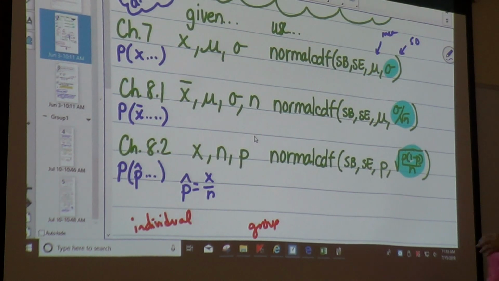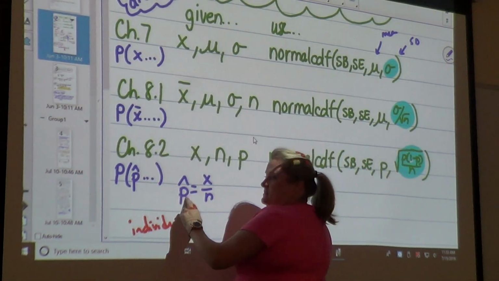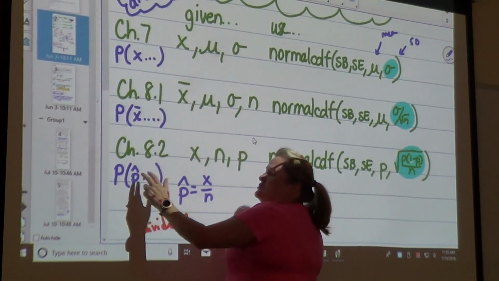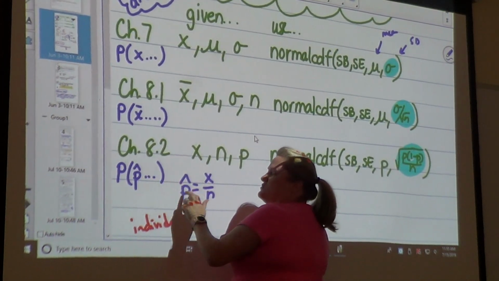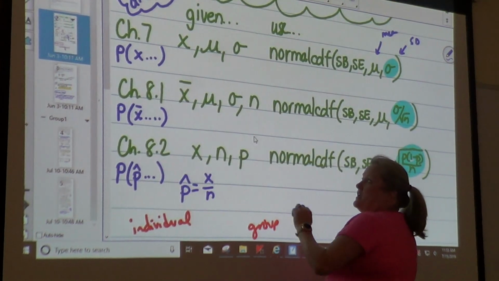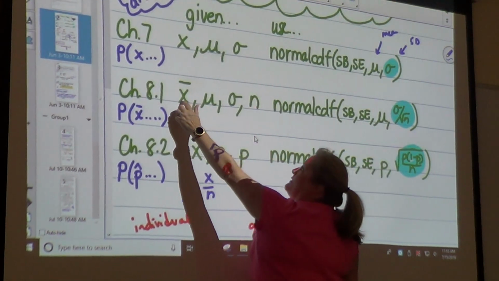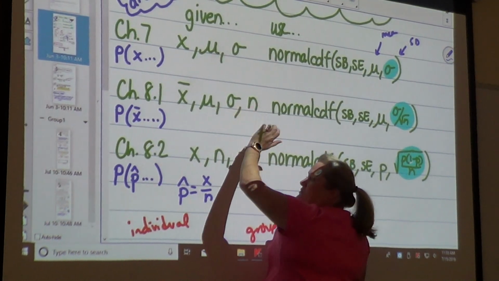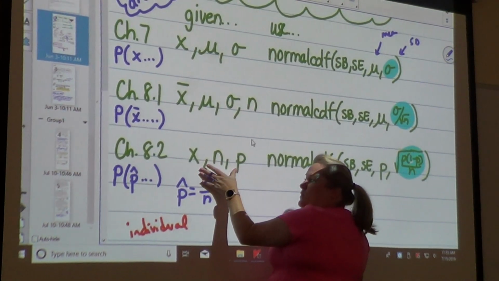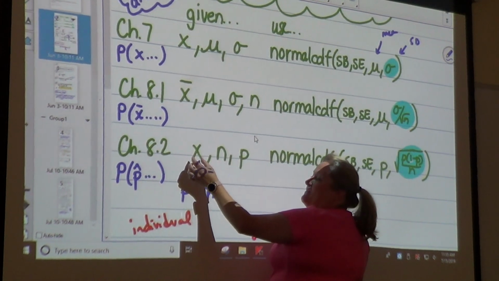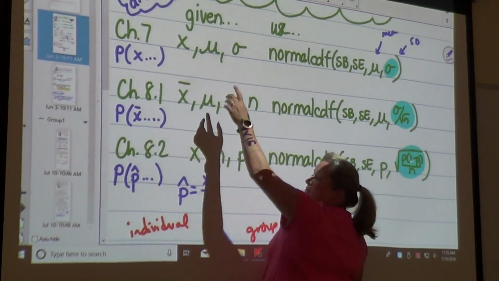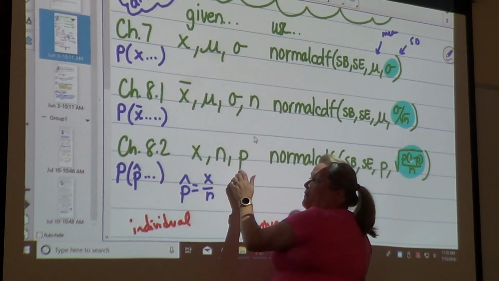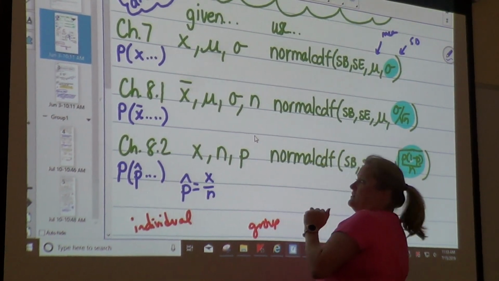In 8.2, we're going to be dealing with proportions. Proportions are like percentages. So up here we had mean, standard deviation, and sample size. In 8.2, you're going to have a data point, a sample size, and a proportion or a percentage.